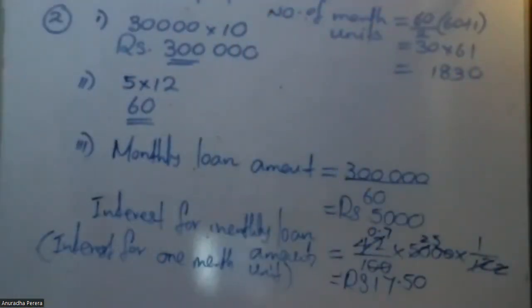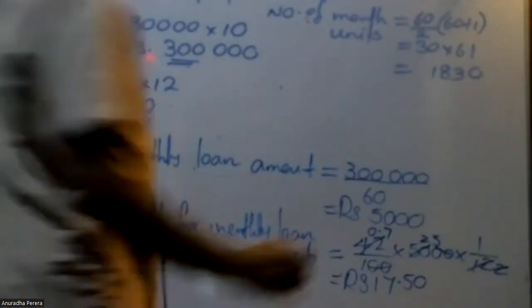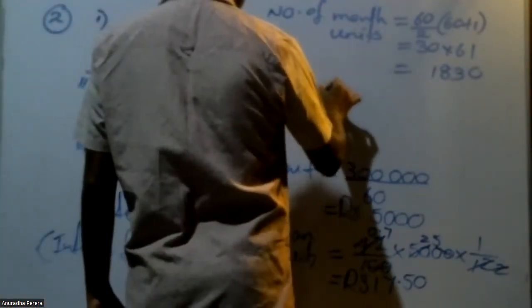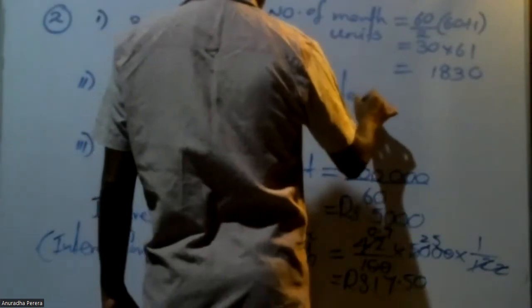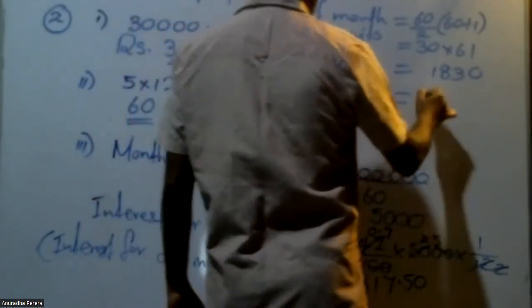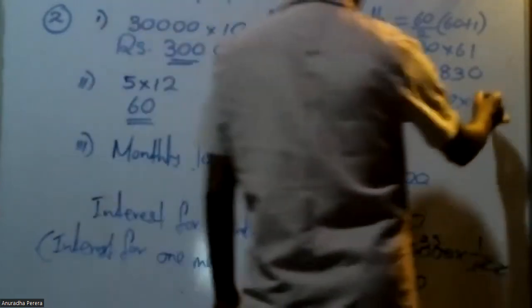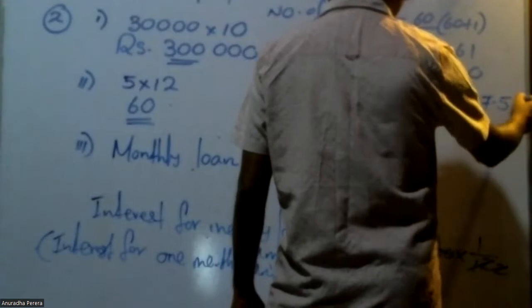Yes. Then you can find the total interest. Multiply 1830 by 17 and 50 cents.